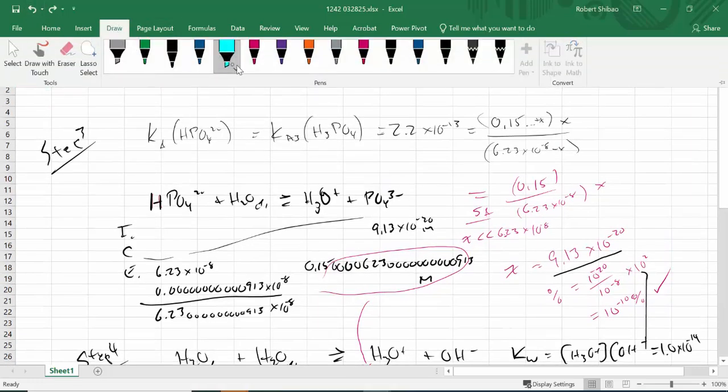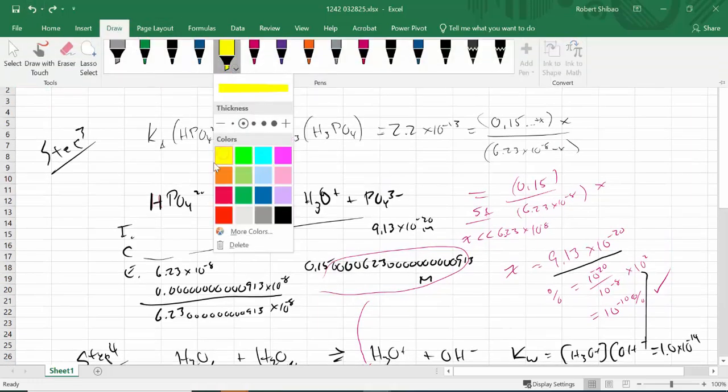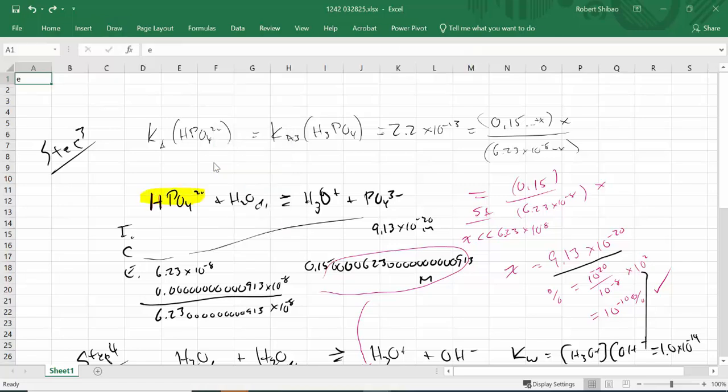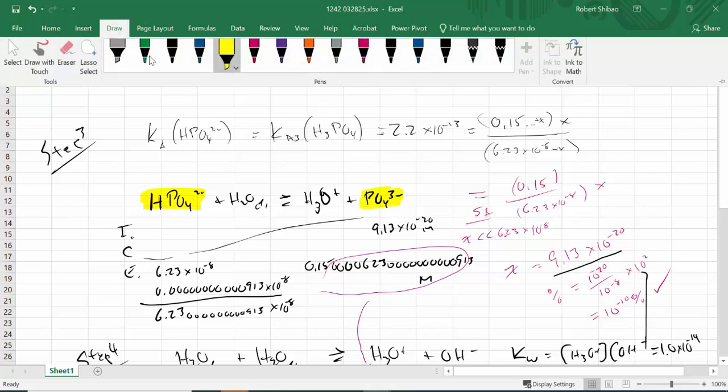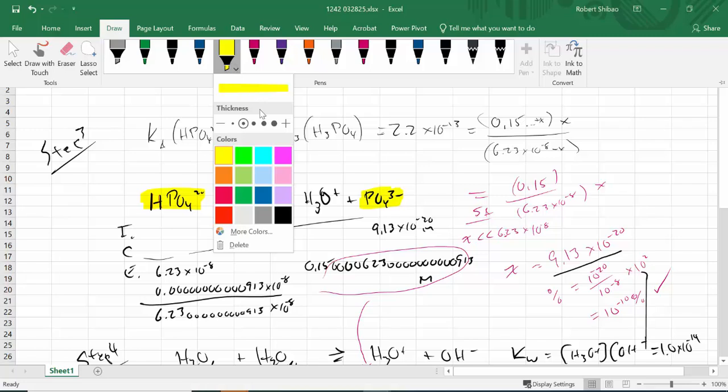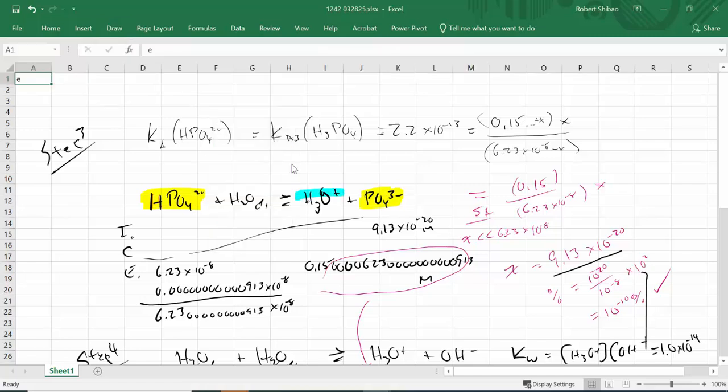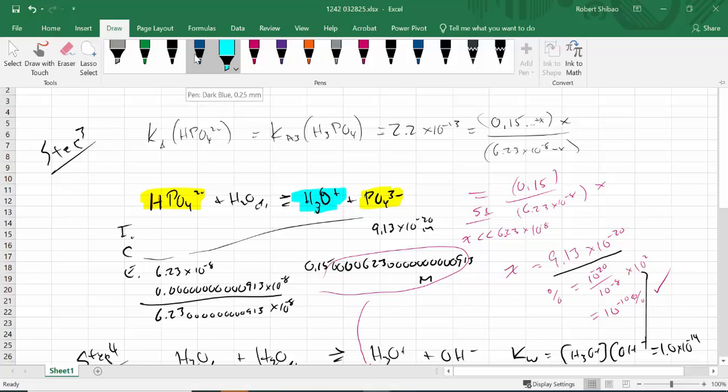Step 3 describes the equilibrium between monohydrogen phosphate and phosphate, but not in terms of pOH. It describes it in terms of what? pH. The situation is, if the pH goes down, what happens to the pOH?